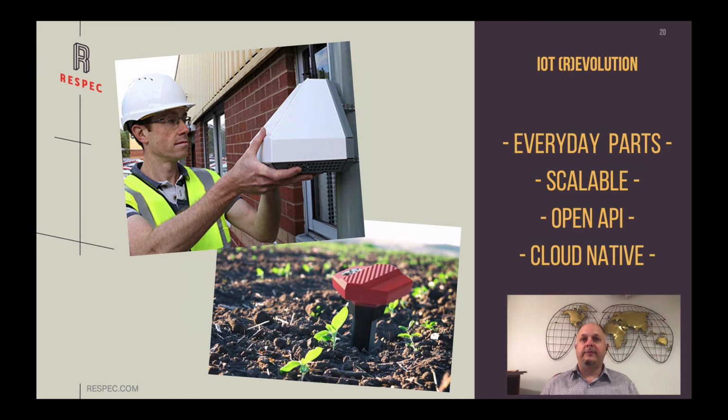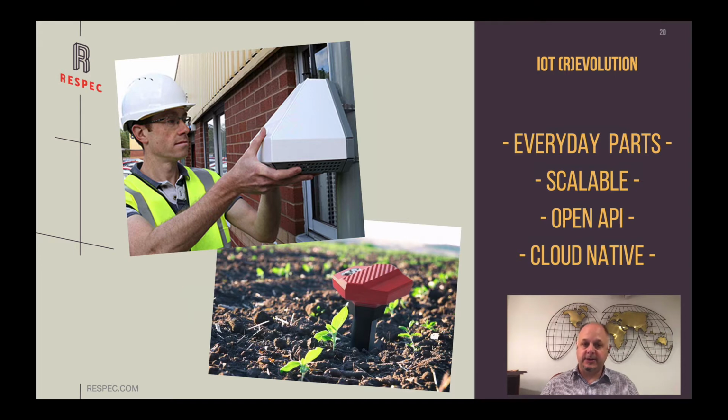They're made from commodity parts, and so you can purchase these circuit boards, these Wi-Fi transmitters, very easily, and it's very easy to do your own prototyping if you're interested in developing devices. They're very scalable. Many of them have an open programming interface.